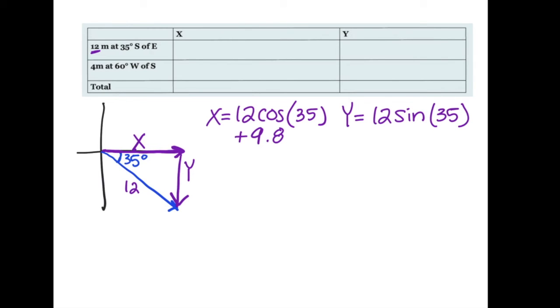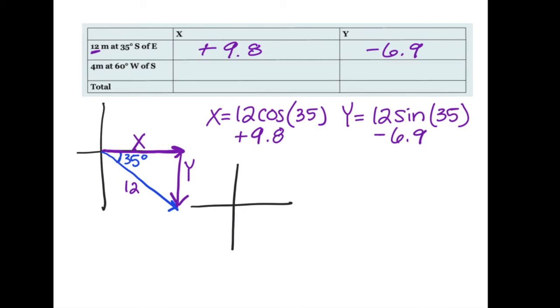When we type that in the calculator, it's going to give us 6.9. But we are going to make that a negative number because that Y vector is going south, and we assign south as a negative, right? So then in my table, I can move the 9.8 up there, and then I can move the negative 6.9 into the table, right? Now for the next vector, we once again want to start by sketching it out.